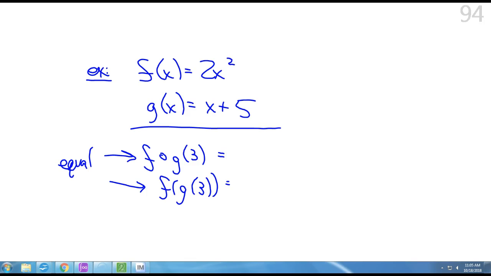I'm getting to the calculus part in a second, but I want to make sure we're okay here before I go ahead. So you take 3, you plug it into g, what do you get? 3 plus 5 is 8, and then you take the 8 and plug it into f. So 8 squared is 64 times 2, and that'd be 128. How many got 128? Are we good there?